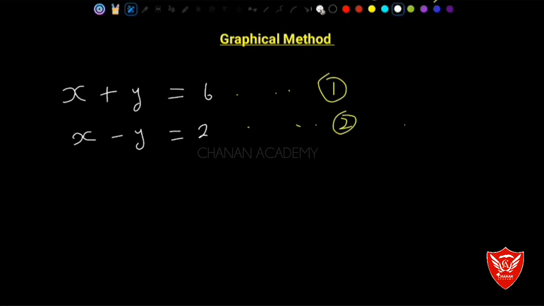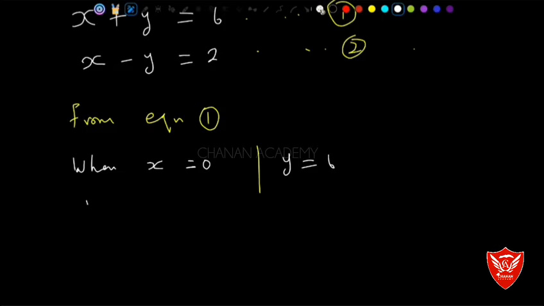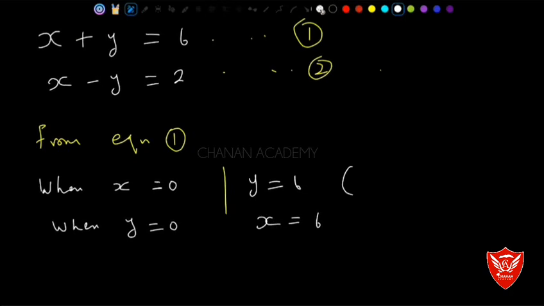From equation 1, when x equals 0, y is equal to 6. Also when y equals 0, x is equal to 6. So from this we have the coordinates 0, 6 and 6, 0. That's from equation 1.